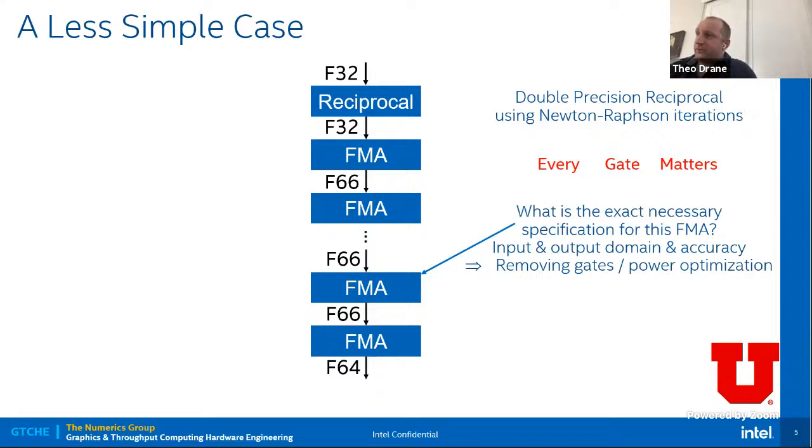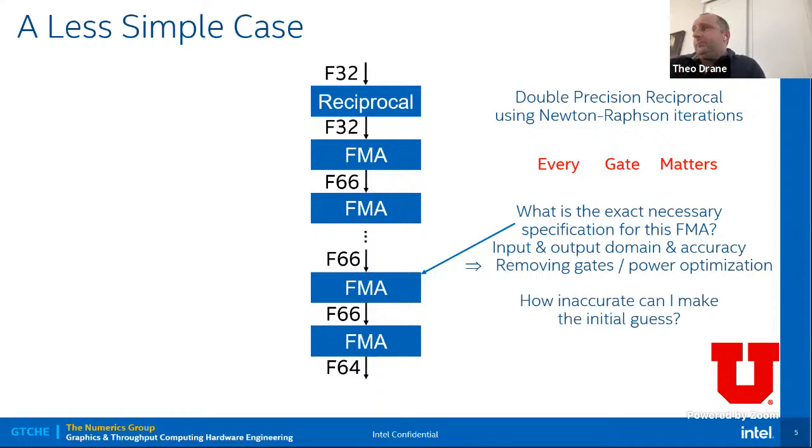Or even if I'm not building bespoke hardware, I can do power optimization and ignore certain bits of the input. So I really need to know the exact specification, and the tighter that specification is, the more power I can save. Even if it's not about building bespoke hardware, there's still this power question. So I really need completely tight specifications for operations in the middle of these data flow graphs.